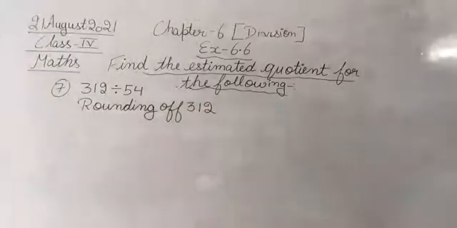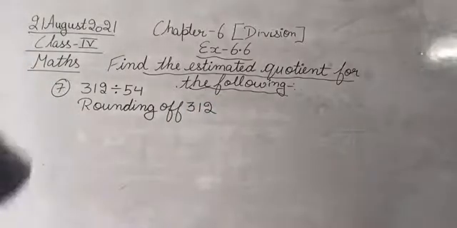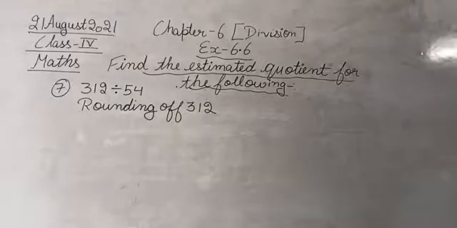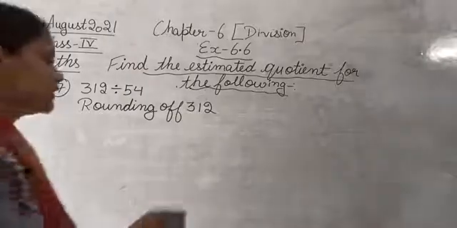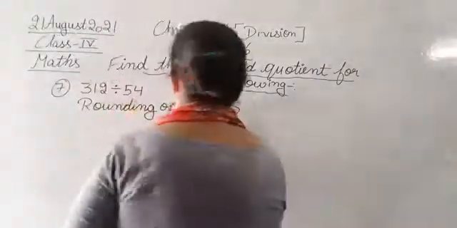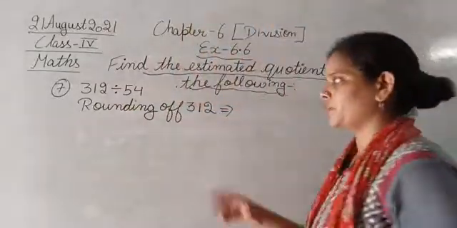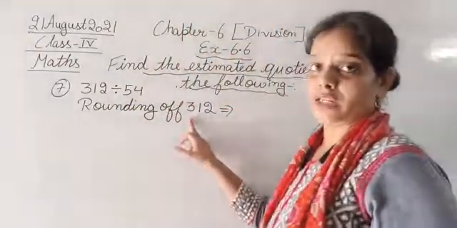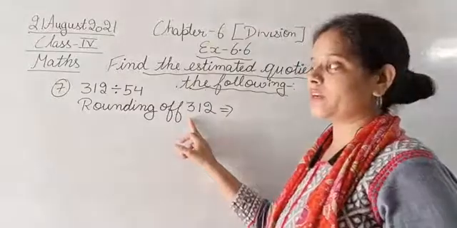Rounding off 312. Its highest place value is 100. So we will round it off to the nearest 100.